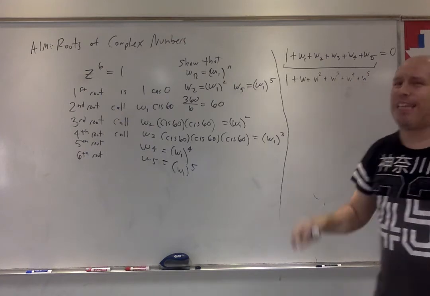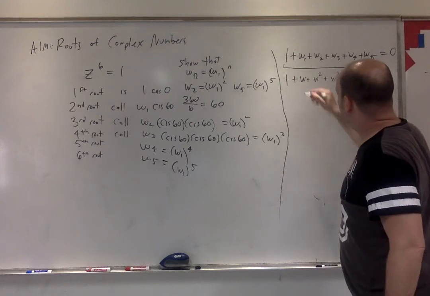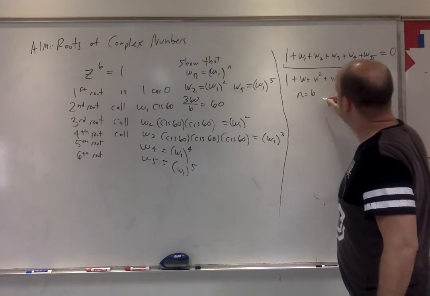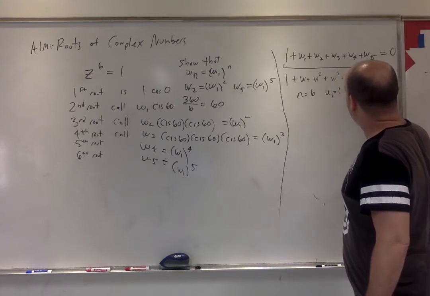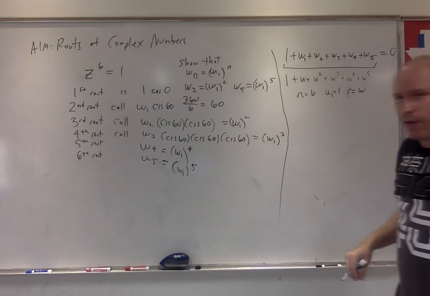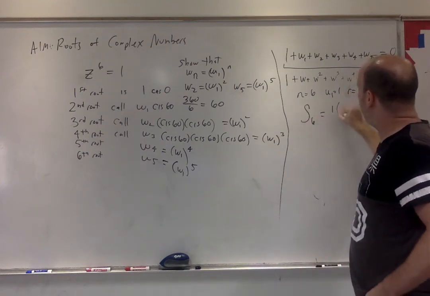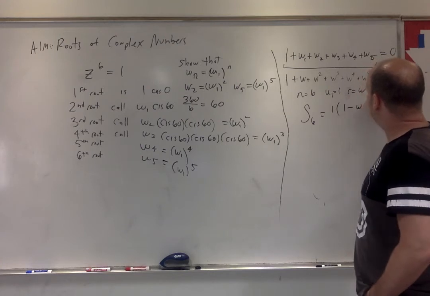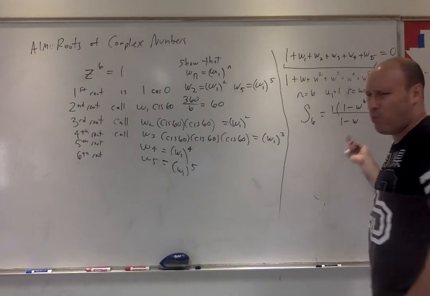Well, now we definitely have a geometric series. So how do I add a geometric series? Well, we know there's 6 terms. The first term is 1. And the common ratio is that W, or whatever that Greek symbol is. So the sum of the 6 terms is equal to 1 times 1 minus W to the 6 over 1 minus W. What do we do with that?